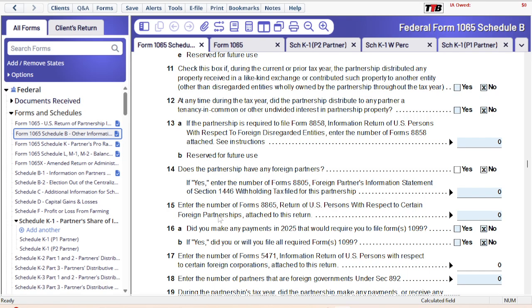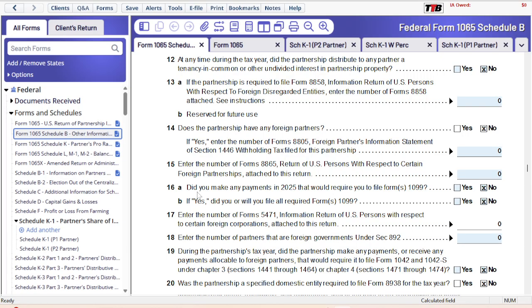Line 15, enter the number of Forms 8865 related to foreign partnership. We are going to leave it blank. Did you make any payment in 2025 that will require you to file Form 1099? If yes, you need to check yes.